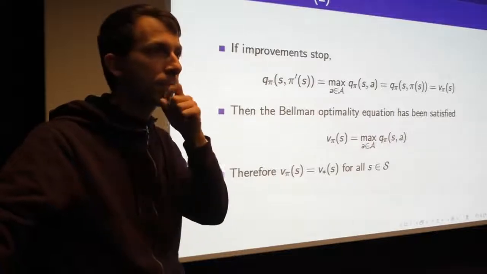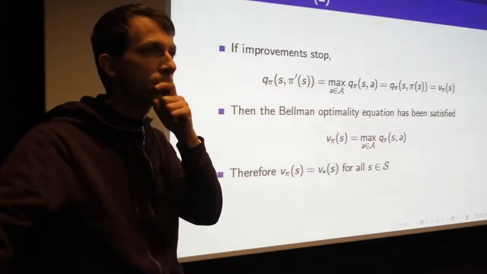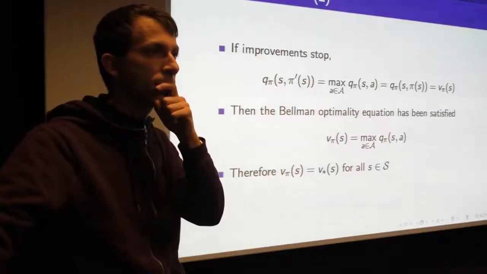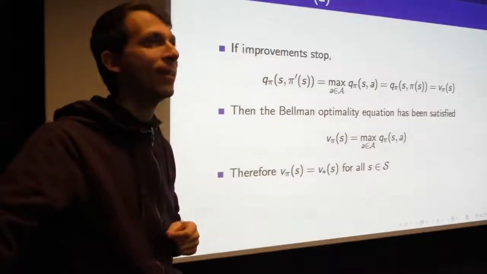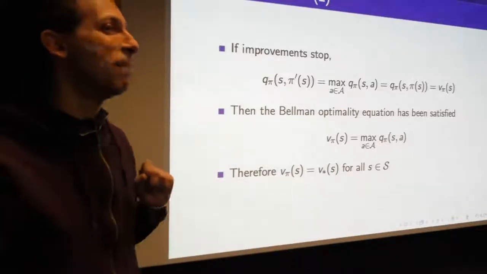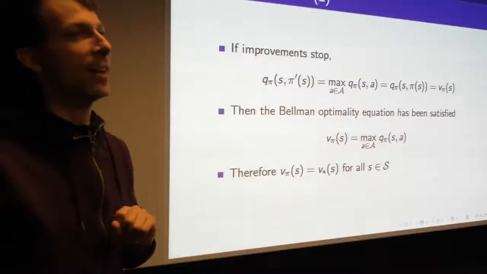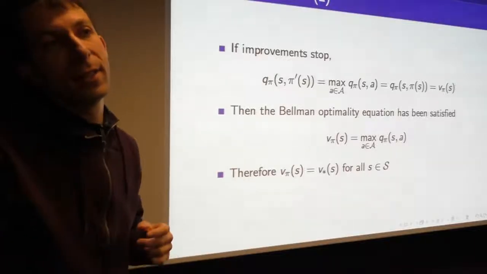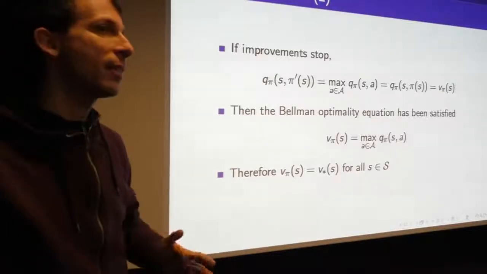Is there some kind of intuition to explain why you can't stop at a local maximum? Yes. I'm going to try and give that at the end, if it's okay. It's a contraction mapping argument, which I think is the easiest way to understand it.